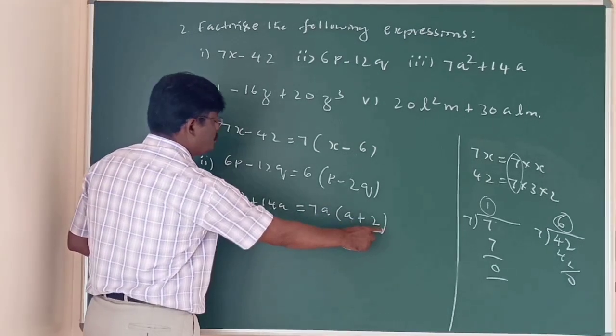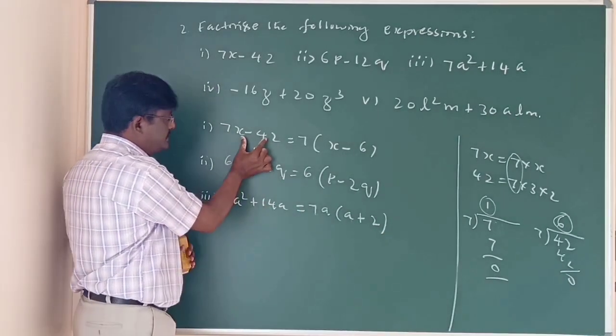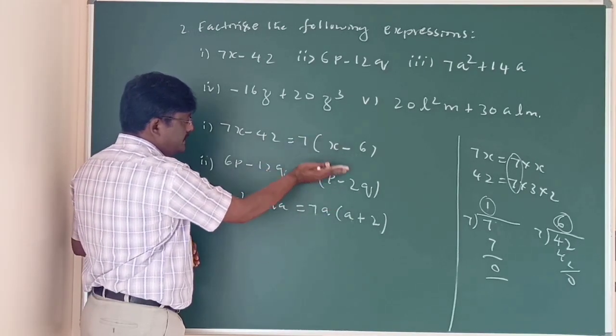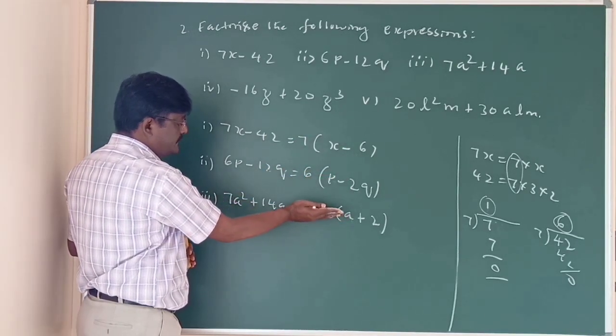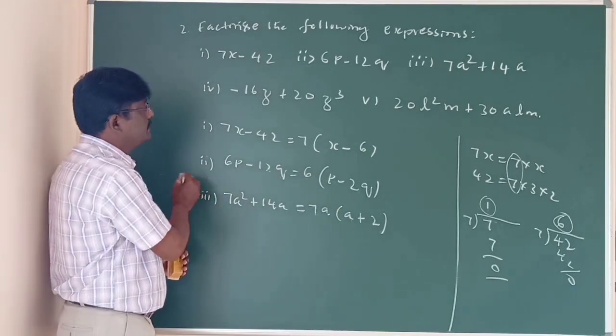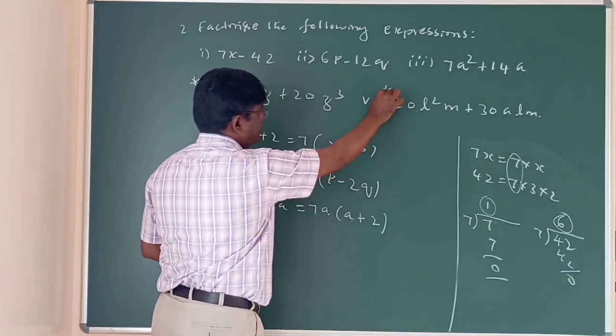Then 7 twos are 14a. So thus we can write the given binomials in terms of products. The way of writing this product we say factorization. Similarly, you try the fourth and fifth.